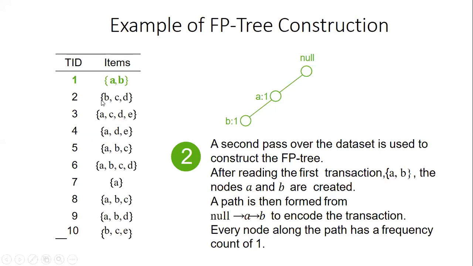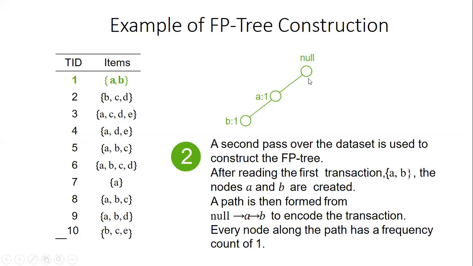Next, let us consider the first transaction, which is here in green. We are going to construct the first branch. As I told, there will be a root node represented as null.